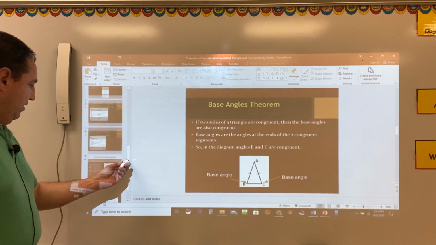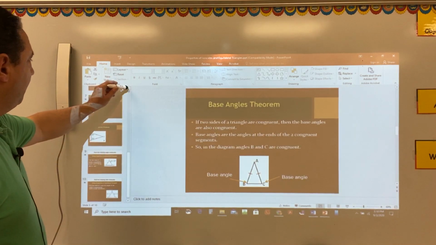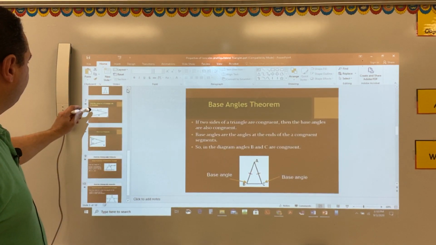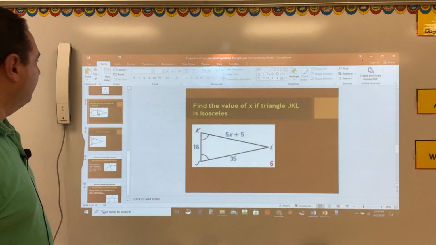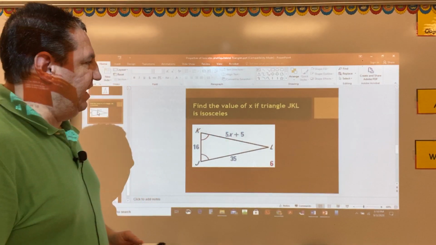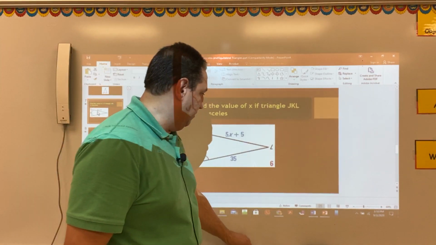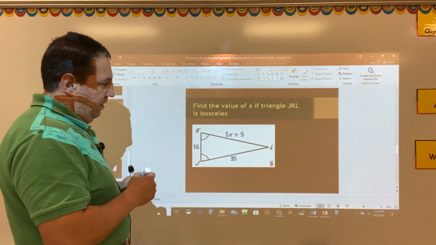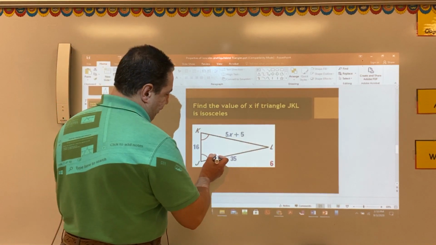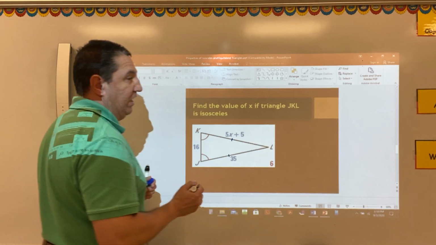Now let's have a few applications. Find the value of x if triangle JKL is isosceles. Now, we have these two sides, and they are congruent.